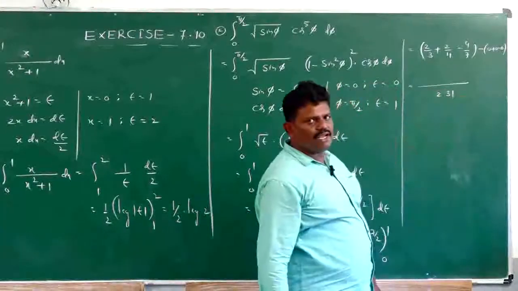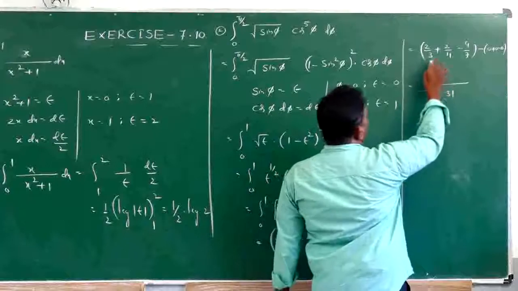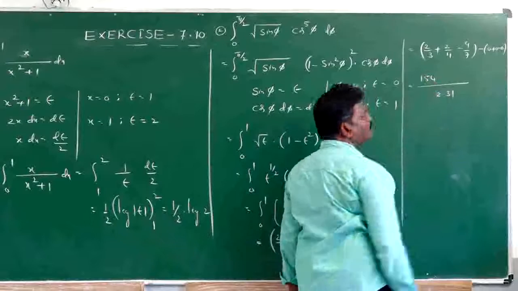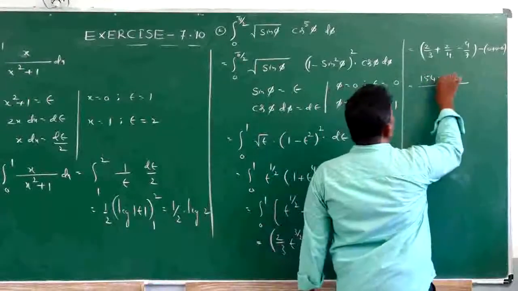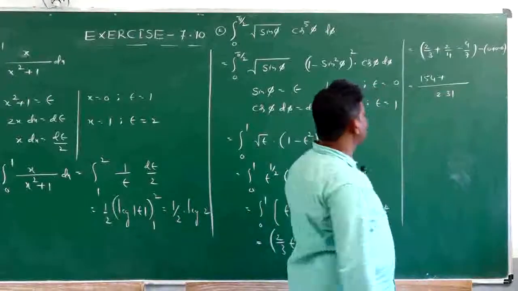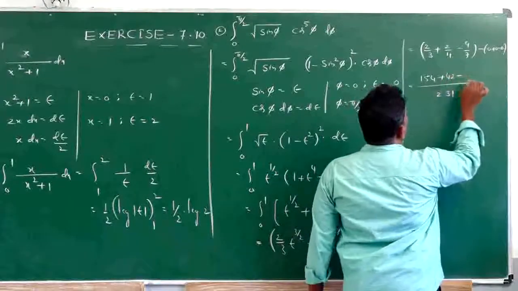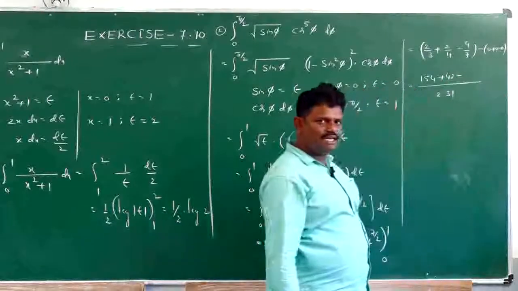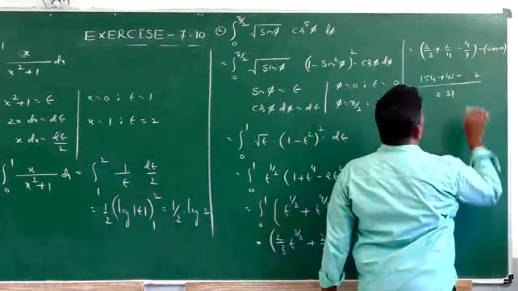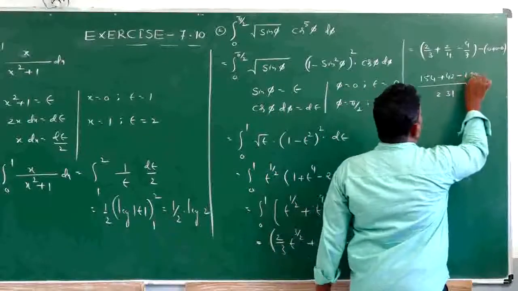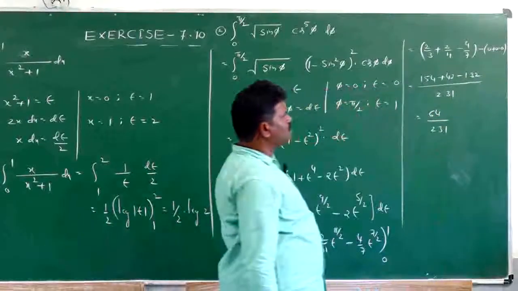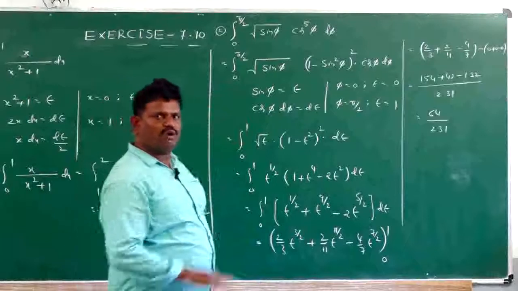Now 3 table: 3 7s are 21, 77 into 2 is 154, plus 11 table: 11 2s are 22, minus 7 table: 7 3s are 21, that is 132. So overall, if you see, 64 by 231, this value.